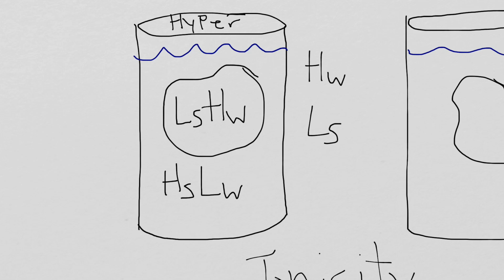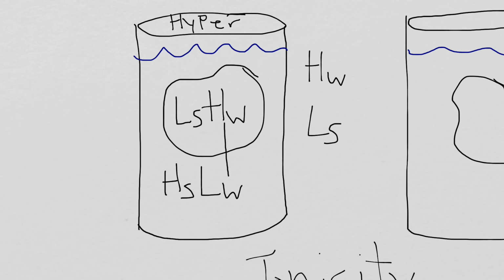But the most important thing in this scenario is to look at the water. We have higher water on the inside and lower on the outside. Since we're talking about osmosis, a type of passive transport, it's always going to go high to low.